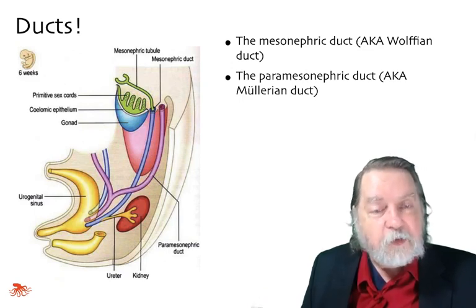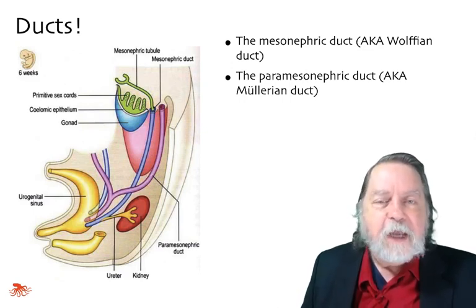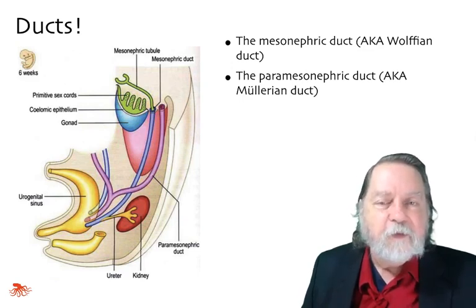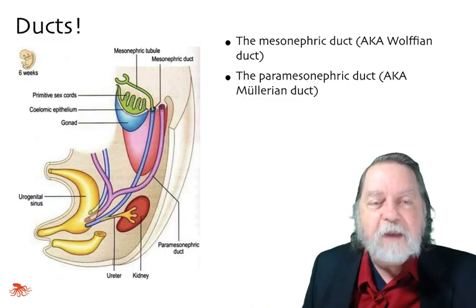On one end, it does terminate in the cloaca, so that looks kind of familiar, like that's just like the mesonephric duct. But the other end is just a blind opening. It just opens up into the coelom of the embryo. It does not have any filtration functions. It's associated with the mesonephros, but it's not working with the mesonephros. It's just sitting there like a pipe waiting for something to be done with it.